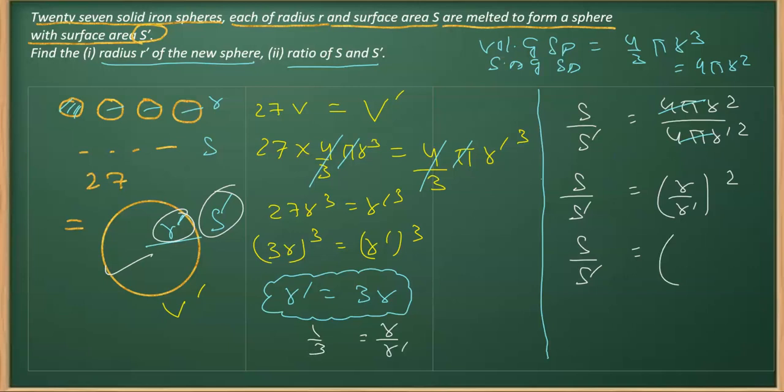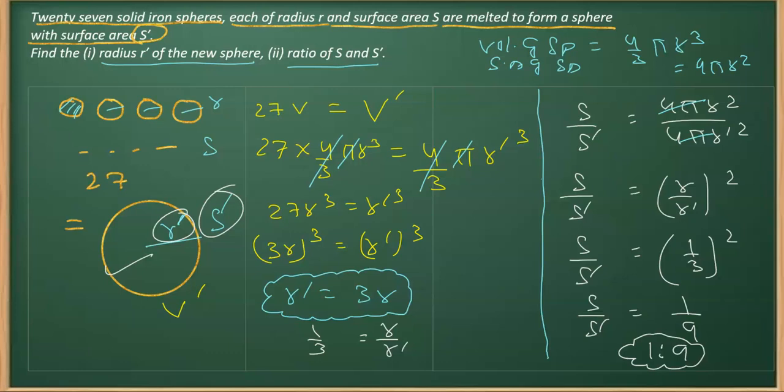So this r over r dash can be replaced with 1 over 3 and the square of it. So s over s dash is equal to 1 over 9. So we can write this as 1:9 is the required ratio. This will be the answer for the second part.